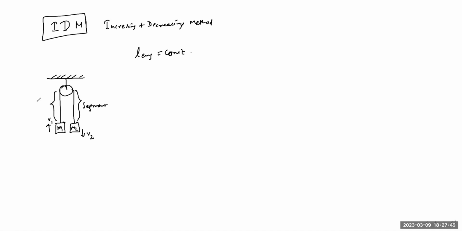There is a concept called segment, which means if you have a string passing over a pulley or it is bending or turning, we break it into segments. So we count the segments first. We only see the two segments.